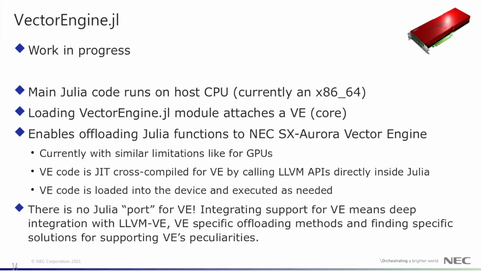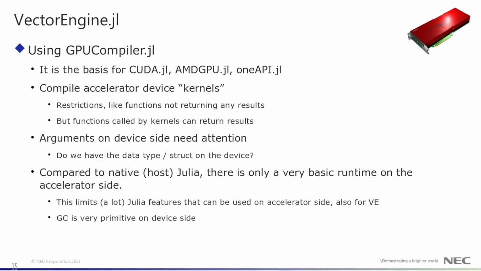As some of you know, integrating support for vector engine means deep integration with LLVM-VE, VE-specific offloading methods, and finding specific solutions for supporting VE's peculiarities. The simplest way to integrate the vector engine was to use GPUCompiler.jl, which is the basis also for CUDA.jl, AMDGPU.jl, and oneAPI.jl.